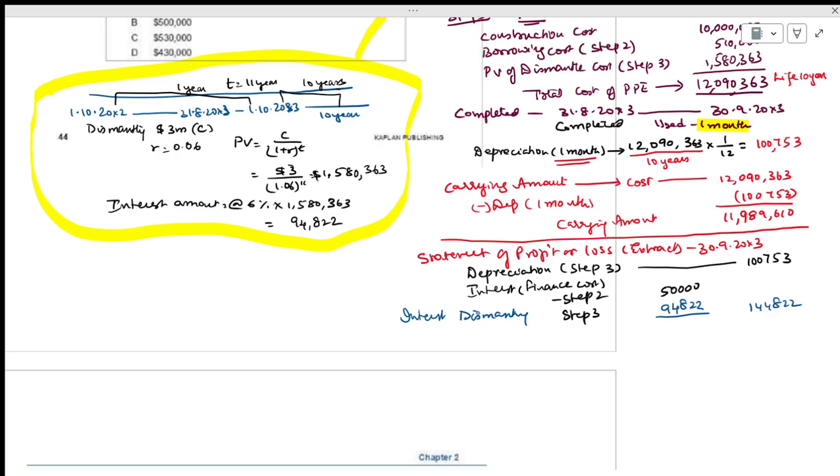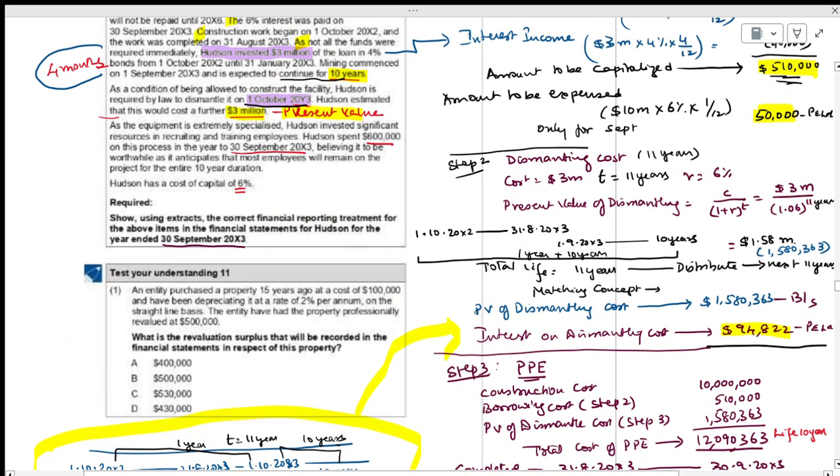Next, profit and loss account. You have the training cost. How much have they spent on training expenses? 800 or 600? It is 600.